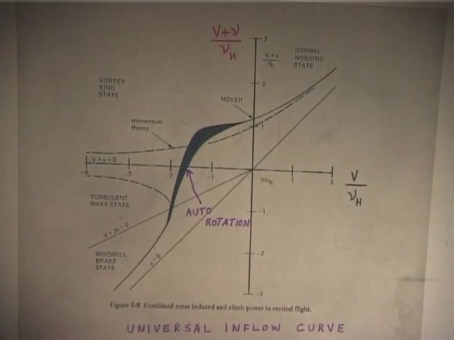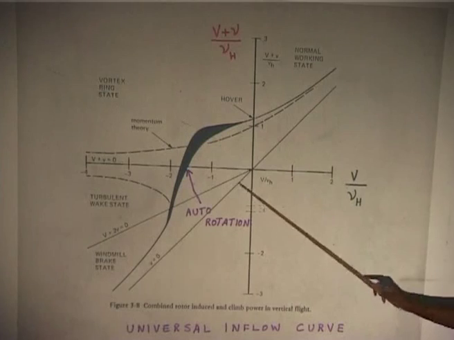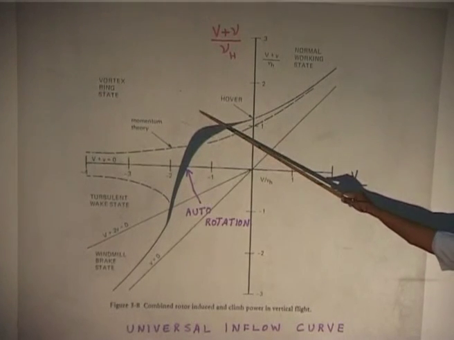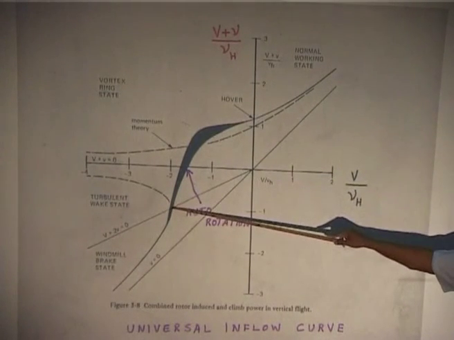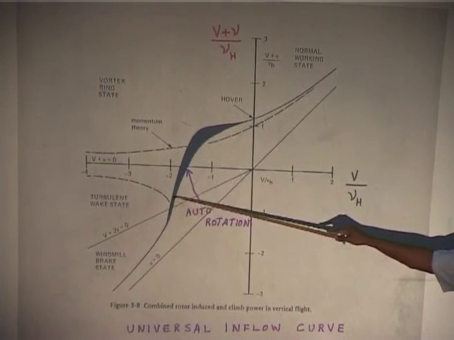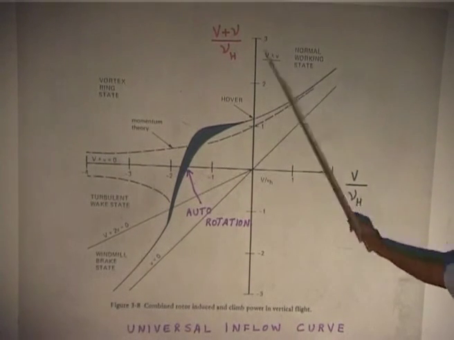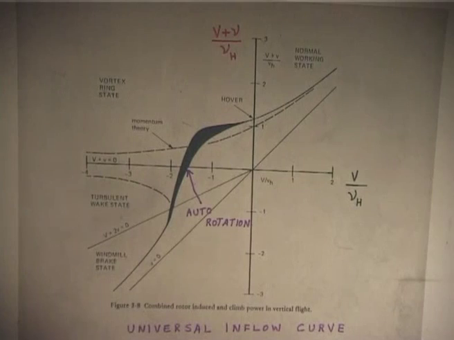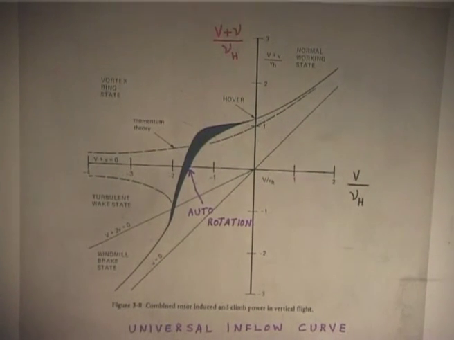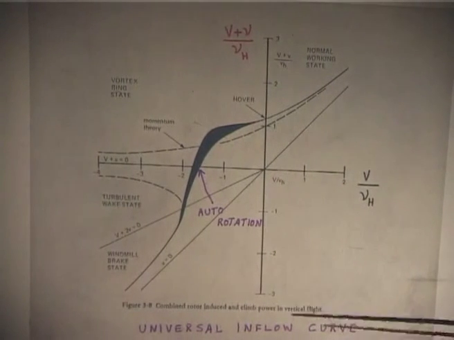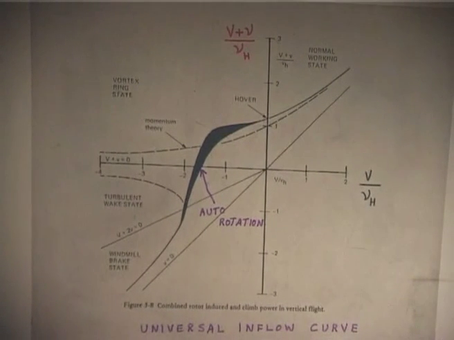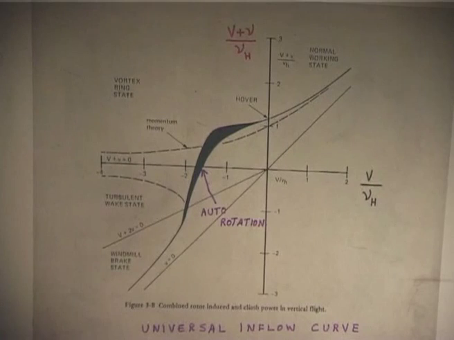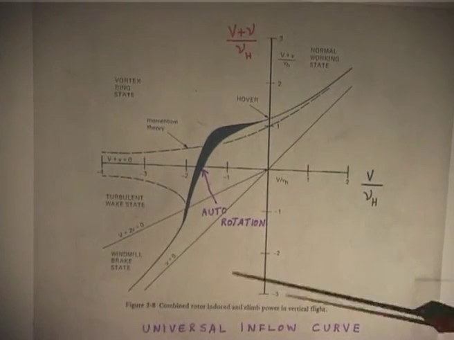So, you approximate, it is basically an approximation, please understand, of the inflow in the region vortex ring state to turbulent wake state. You just draw like a line simply, and that equation is what you use for auto rotation curve, because you do not fly here, because windmill brake state you do not want to go there to generate power.